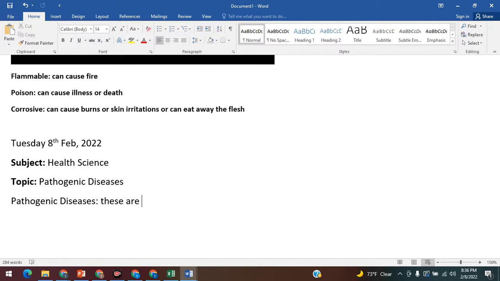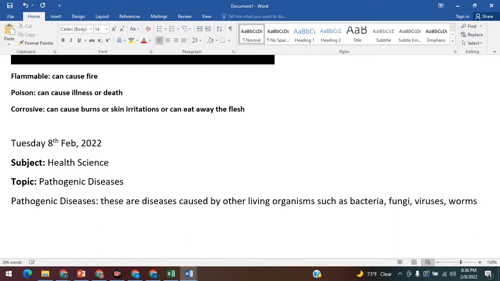But these are diseases caused by other living organisms, such as bacteria, fungi, viruses, worms, and protozoa or protists.